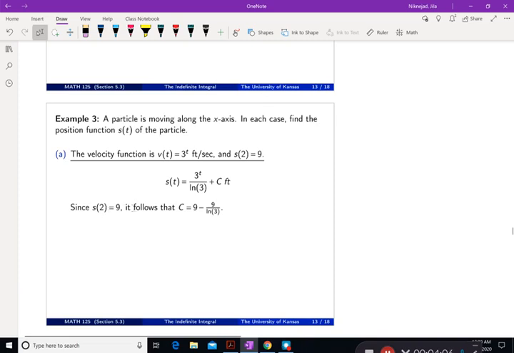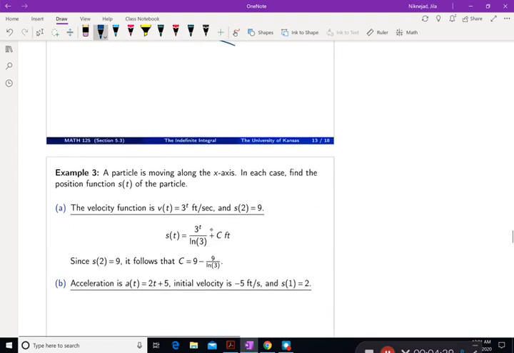We plug in 9 for s and 2 for t, and then it turns out now we get 9 is equal to 3 to the power 2 over natural log of 3 plus c, and then you solve for c, and then you have to put it back in the function again.